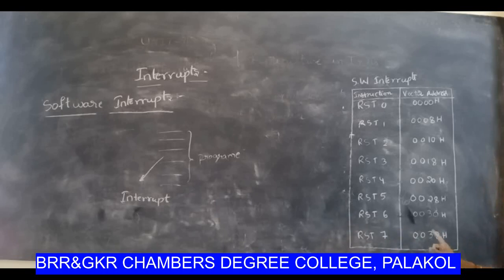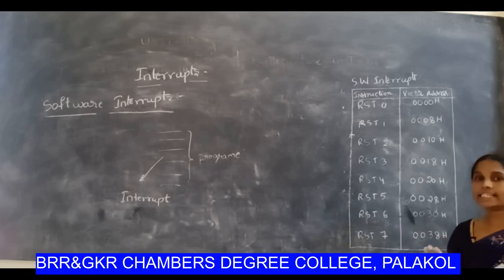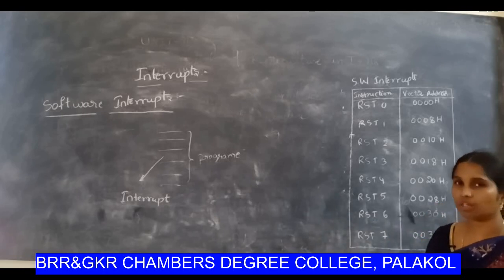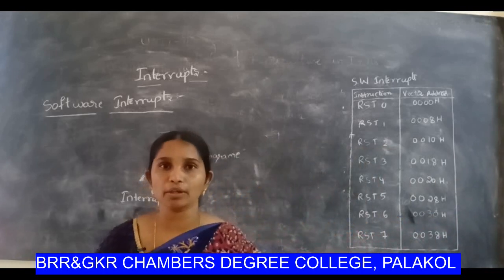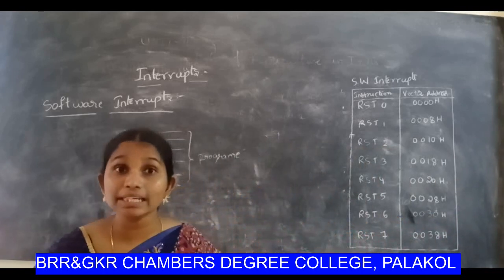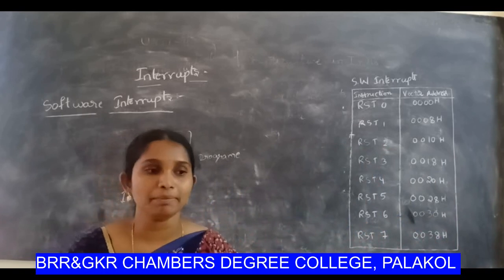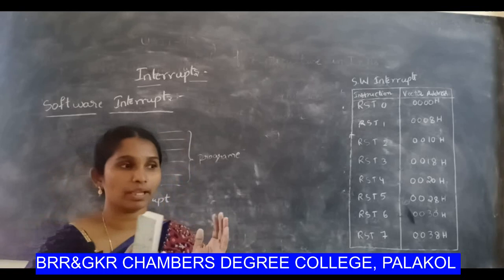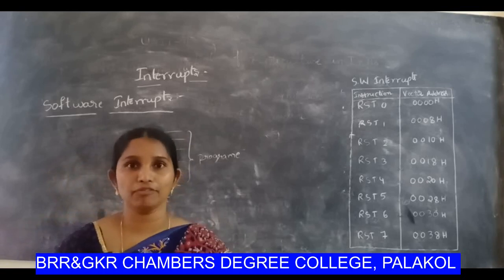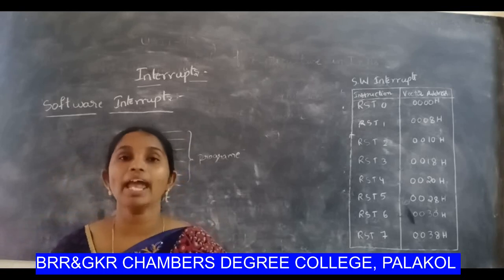Okay, I already discussed in previous videos that the 8085 is an 8-bit processor. That means the processor can process 8 bits of information at a time.